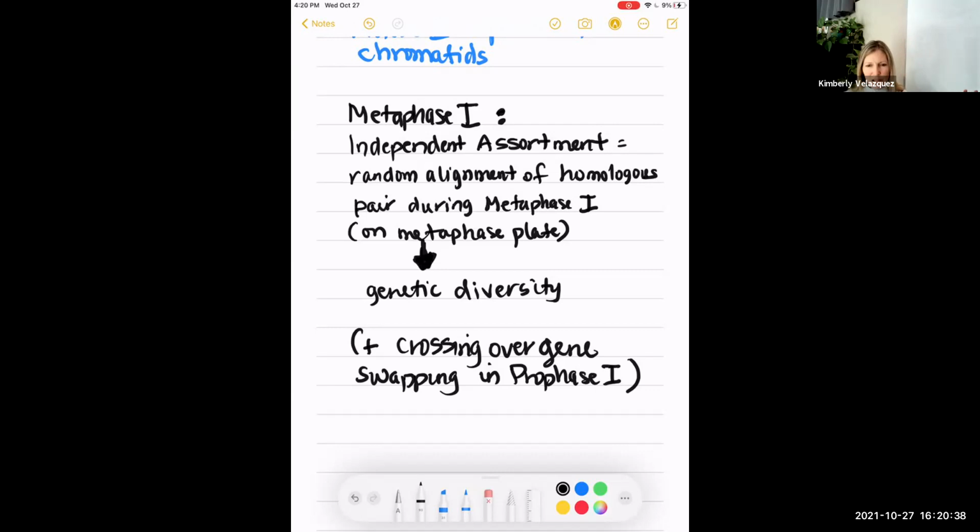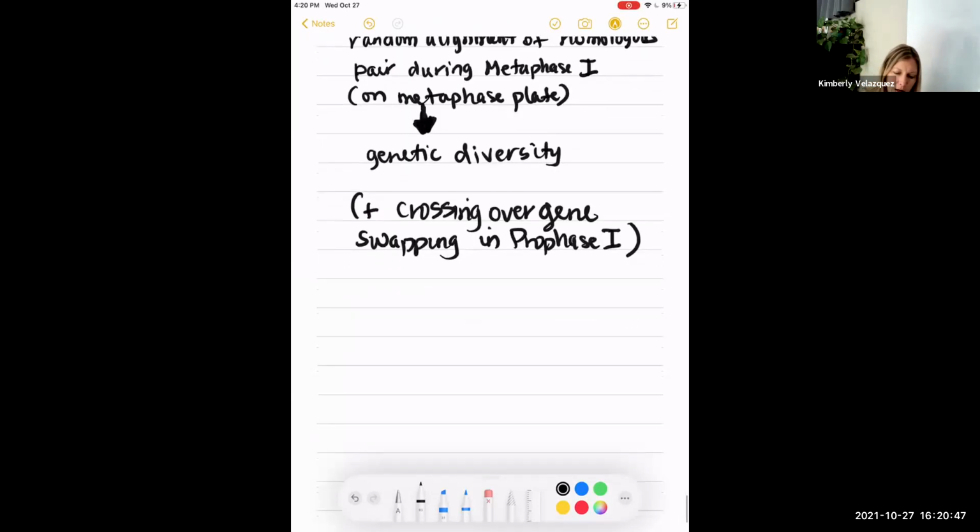They're in 2 different cells. There is no way for crossing over to occur. There's no way for homologous chromosomes to get back together. That ship has sailed. They're in 2 different cells now. That can't happen. So as we go through prophase 2, metaphase 2, anaphase 2, and telophase 2, those homologous chromosomes are in 2 separate cells.